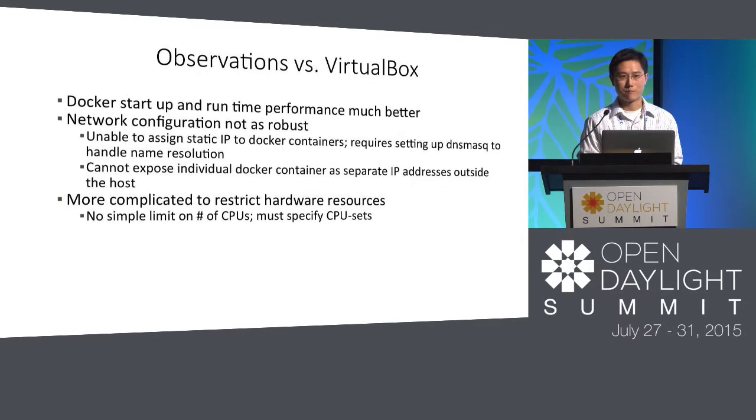Because the ODL instance exposes like, I don't know, 5 or 10 different ports on all sorts of different things, right? So that turns out to be pretty complicated. So if you are able to live within this constraint, Docker is definitely much faster to start and run, but you can't connect to the individual nodes from the outside.